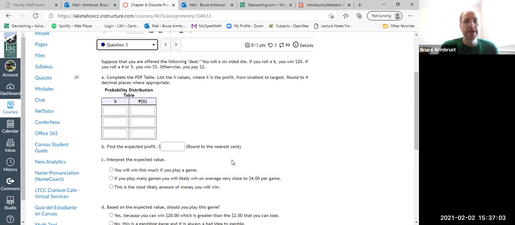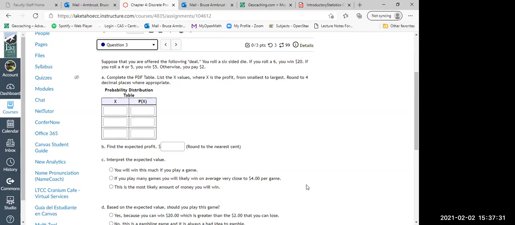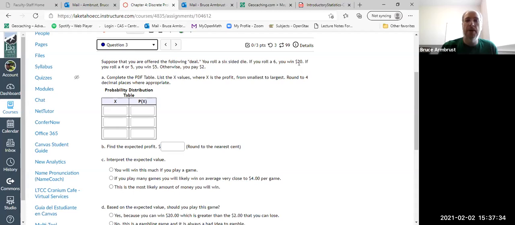All right, so it says complete the PDF table. List the X values, where X is the profit, from smallest to largest. Okay, so let's just think about profit. In this case, what are the 3 different amounts that you can win? We can win 20, we can win 5, but we can't actually win 2.